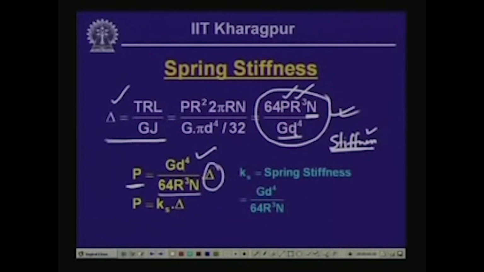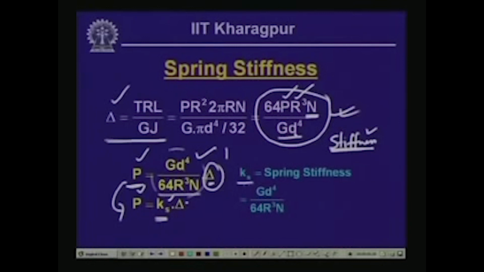Here, if we replace delta by unity, the force we require to produce this unit displacement, we define that coefficient as the stiffness. So, if we write this expression as P equals K suffix S times delta, when delta is equal to 1, the force we get is equal to the stiffness of the spring.